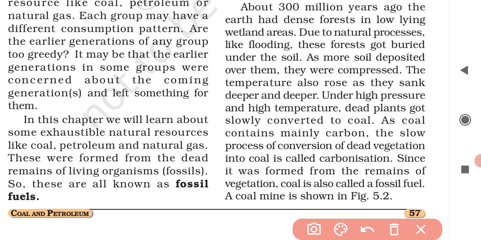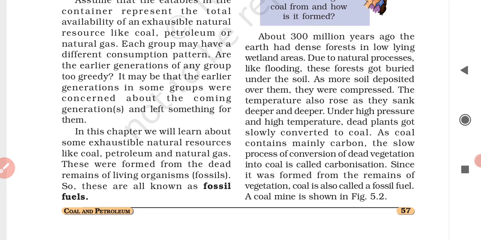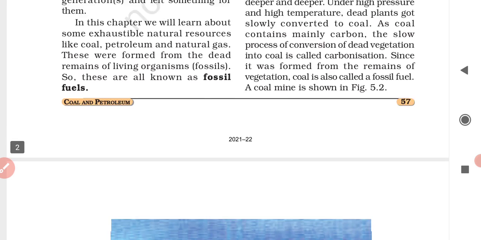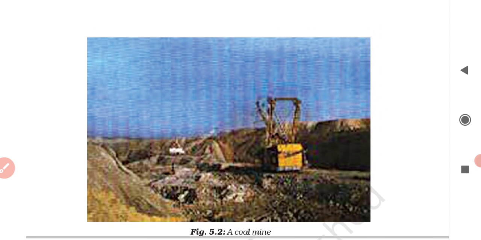Since it was formed from the remains of vegetation, coal is also called a fossil fuel. Here in figure 5.2 you can see the coal mine shown over here where coal can be extracted.